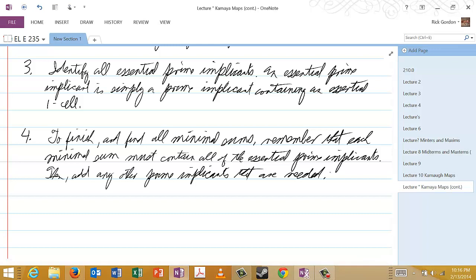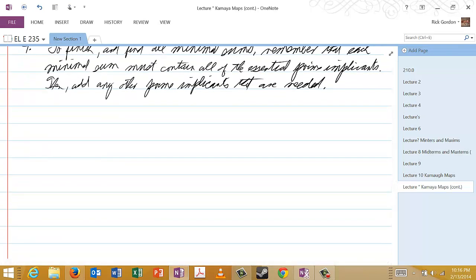So let's start off with one of the problems in your book. We'll look at problem 5.3a, and you're supposed to find all minimal sums of products.